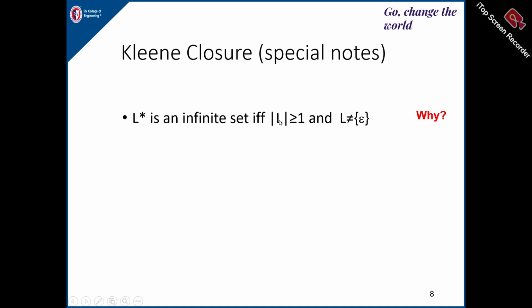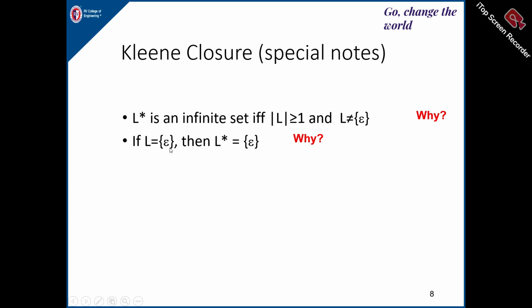If L contains at least one symbol which is not epsilon, then I can infinitely concatenate that string with itself to get L star. So the size of that L star will be infinite.